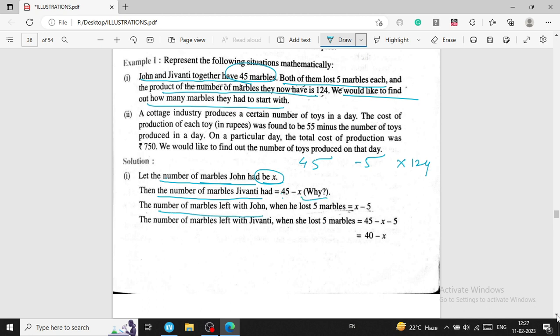Number of marbles left with John when he lost 5 marbles is x minus 5. And the number of marbles left with Jivanti, she has lost 5 marbles, is 45 minus x minus 5. 45 minus 5, that is 40, minus x. This is your answer.